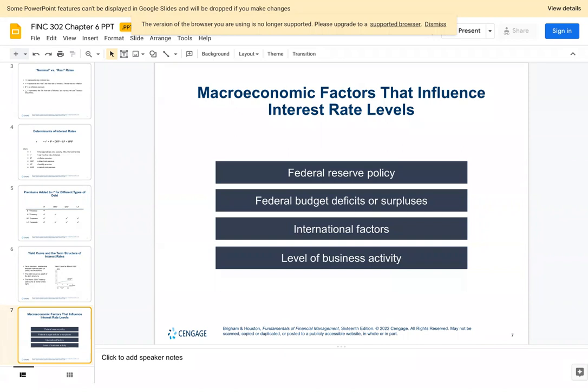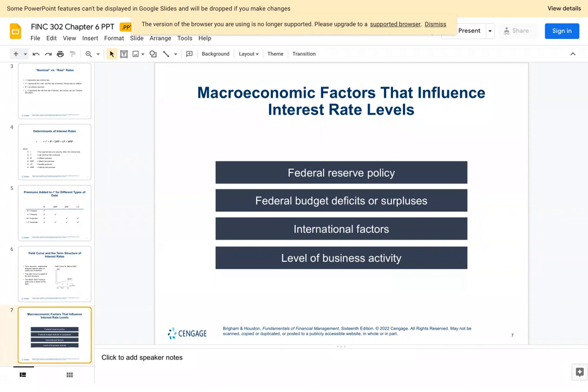The Federal Reserve will buy Treasury securities when it wants to expand the money supply. In other words, it's putting money into the hands of the public. In that instance, interest rates fall.